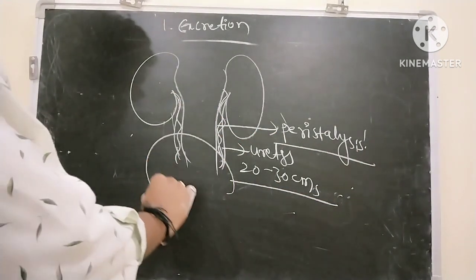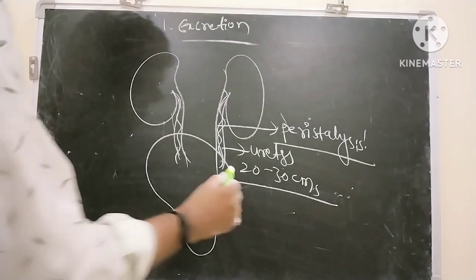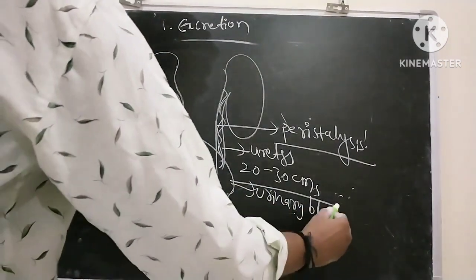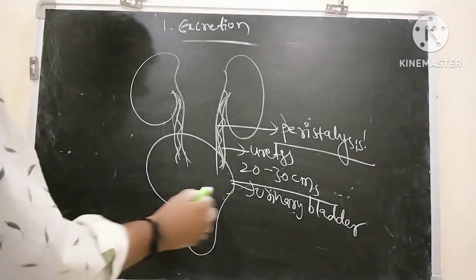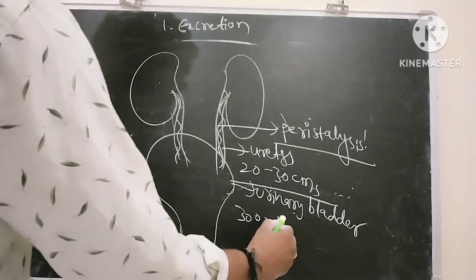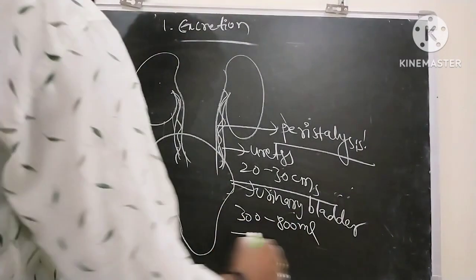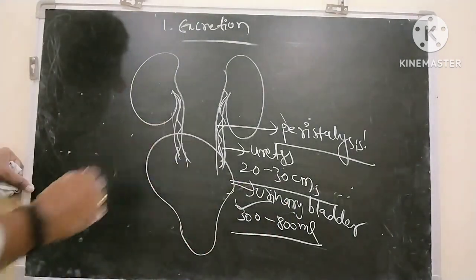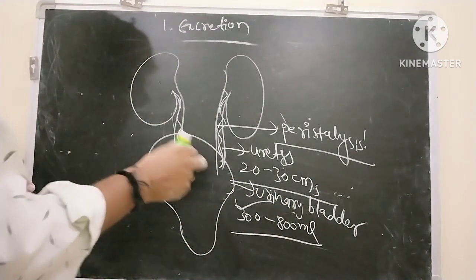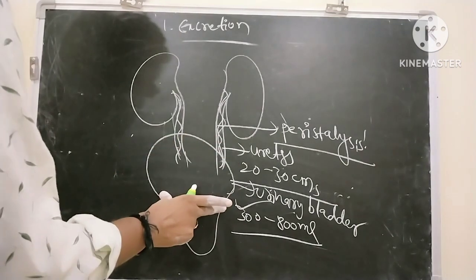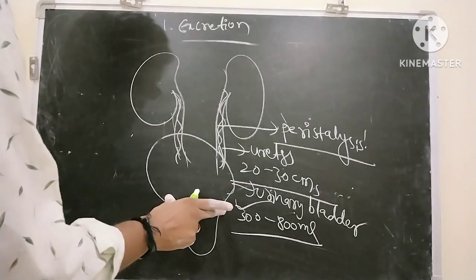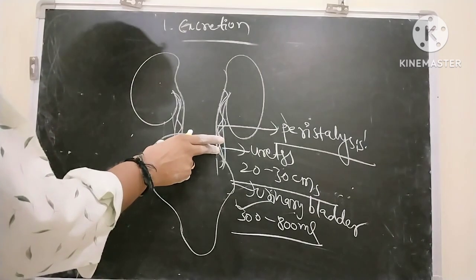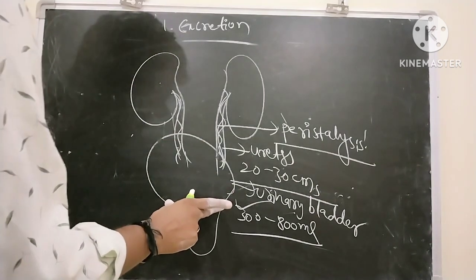From here urine enters into a pear-shaped structure called the urinary bladder. Generally the capacity is 300 to 800 ml. When urine fills up to 300 ml, the person has the urge to go for urination. Two types of muscles are present here, sphincter muscles. A pair is involuntary and a pair is voluntary.